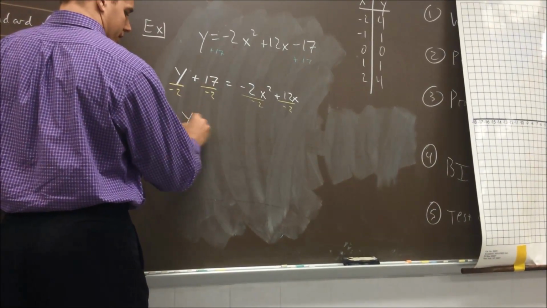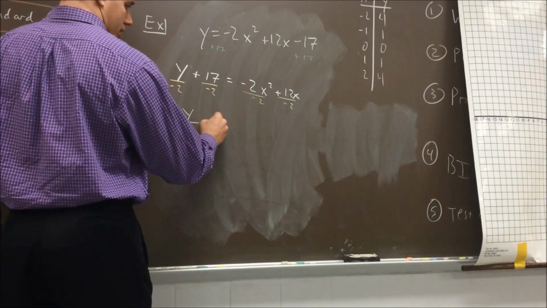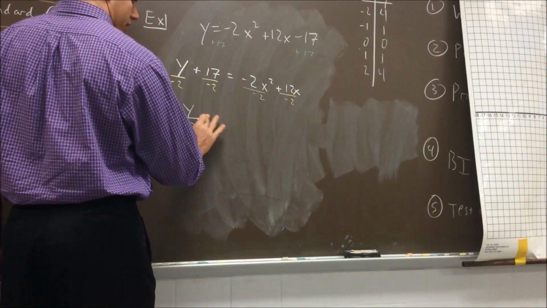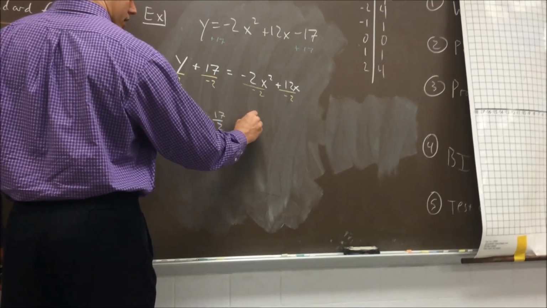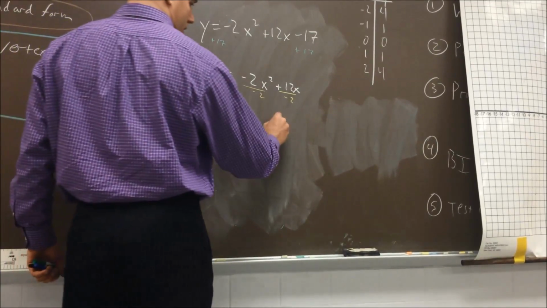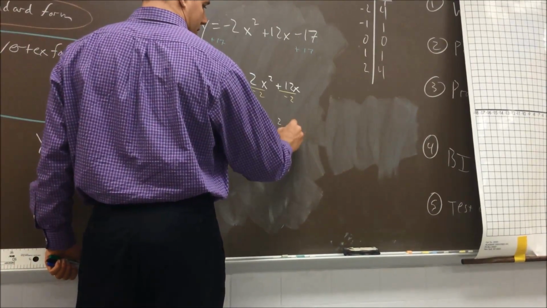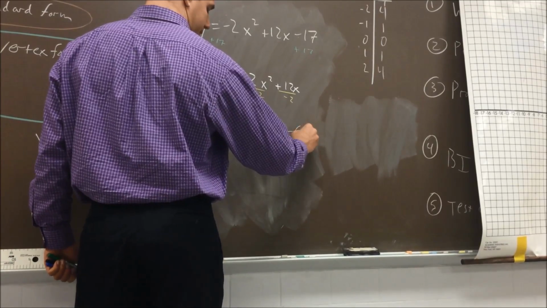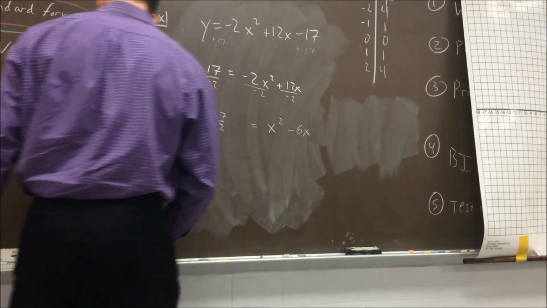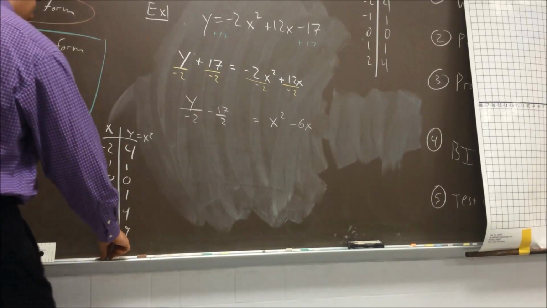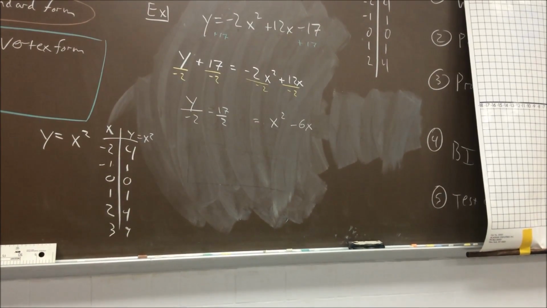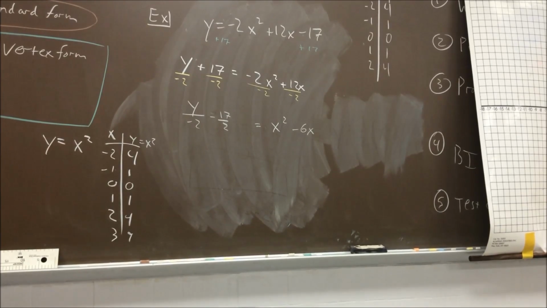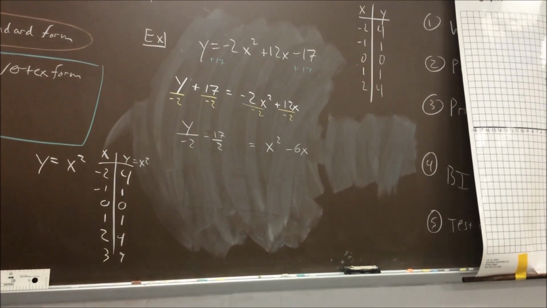So y divided by -2, minus 17 over 2 is equal to x squared minus 6x. All right, now let's complete the square just like we did last time.